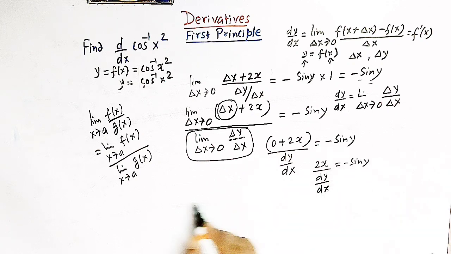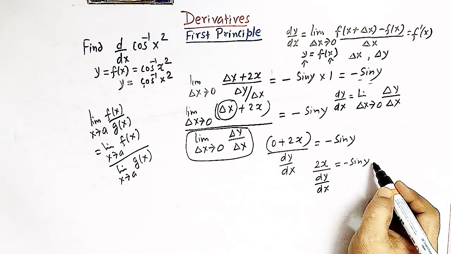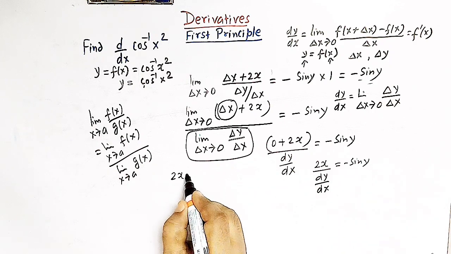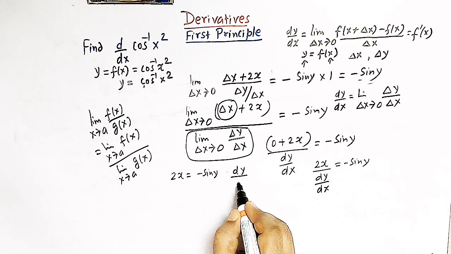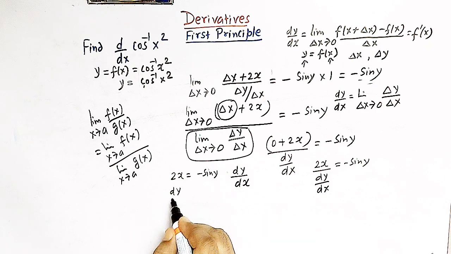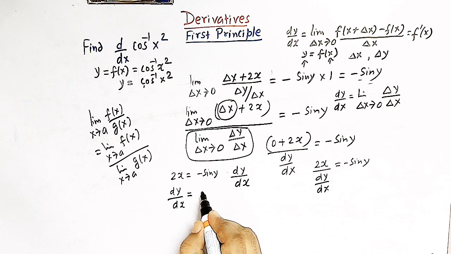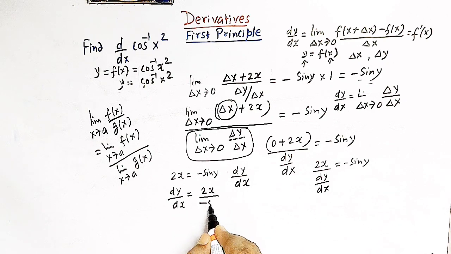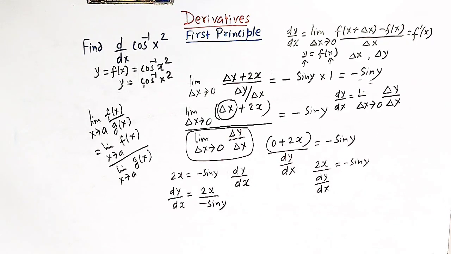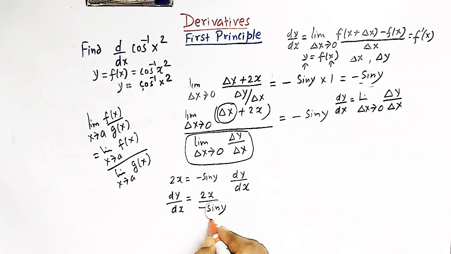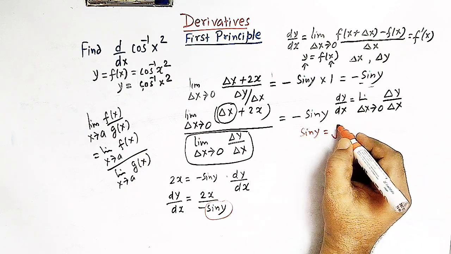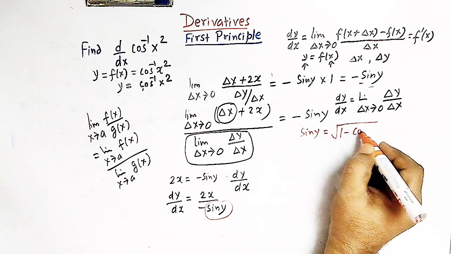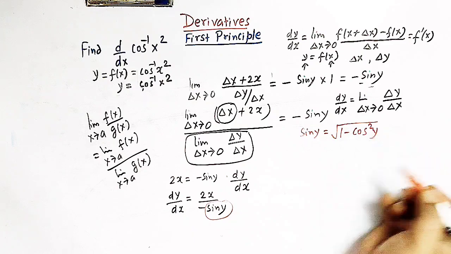So simplifying, we can take dy by dx to this side. So we have 2x equals minus sine y times dy over dx, and now dy over dx is equal to 2x over minus sine of y. So now this term sin y can be written as square root of 1 minus cos square y, right?